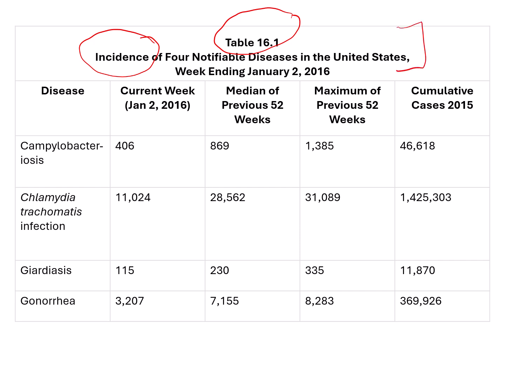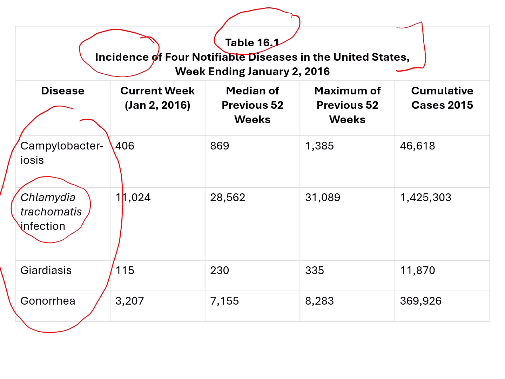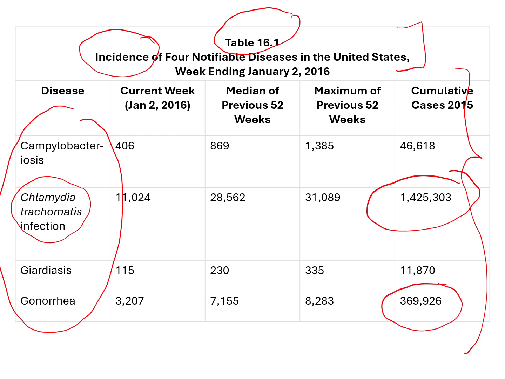So this is one part of that Morbidity and Mortality Weekly Report, or MMWR, from that time. And notice the scale for the diseases. Some diseases like chlamydia have very high incidence compared to others. So chlamydia, we had more than 1.4 million cases, gonorrhea almost 370,000, giardiasis almost 12,000. So this report really helps public health workers to track abnormal increases or spikes in a disease.